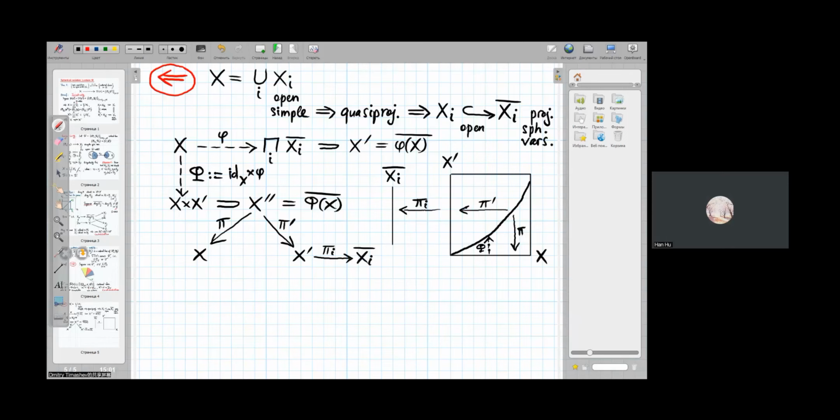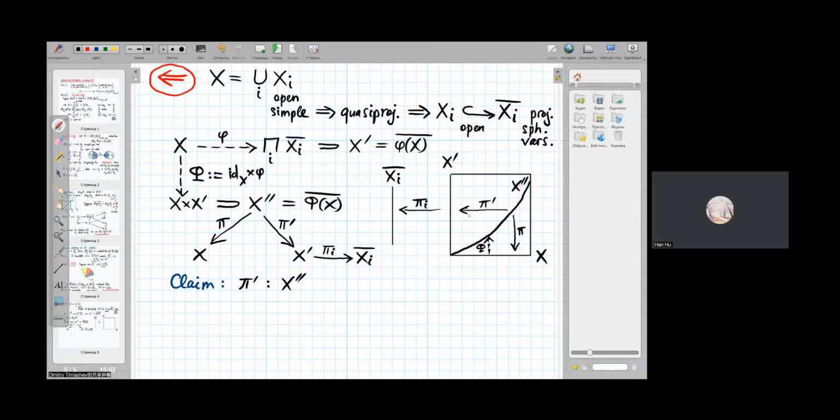Now I claim that pi prime is an open embedding. Pi prime from X double prime. By the way, this curve indicates X double prime.